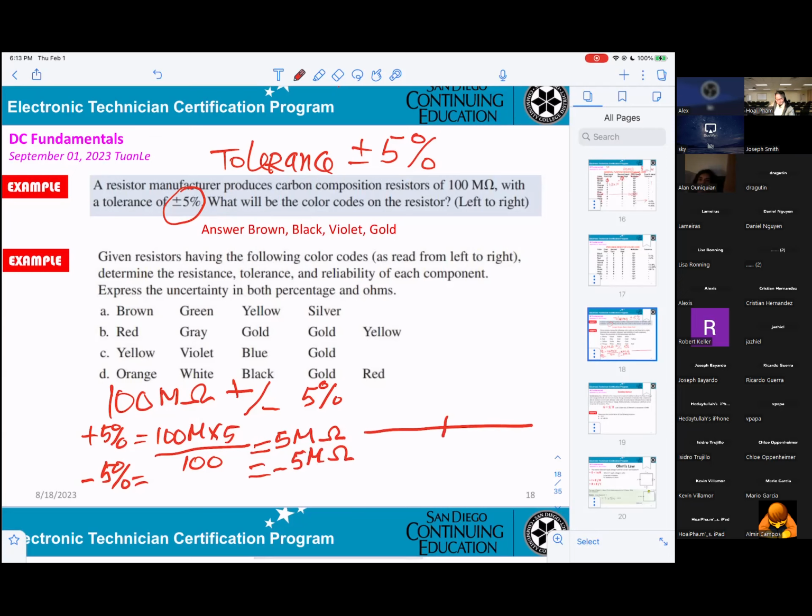So that means they want right here 100 mega, and that will be 105, right? And that will be 95. So from here to here, accept it.